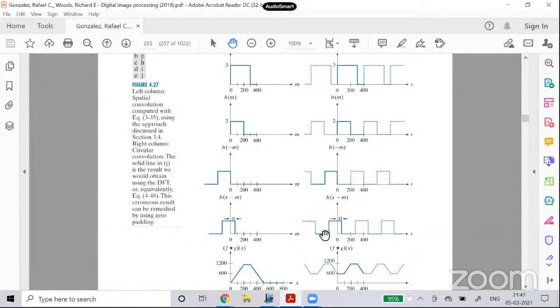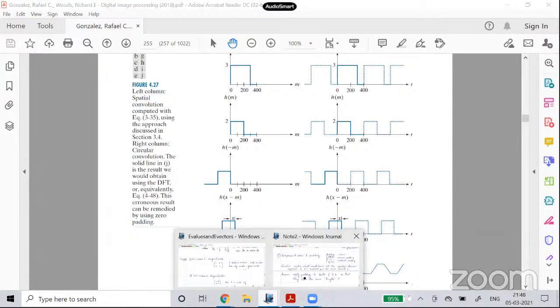You need more space on both sides to be able to generate this entire function. This extra space is provided if you pad the original function on both sides and pad the original kernel on both sides. So that is the basic idea of this wraparound error and padding.